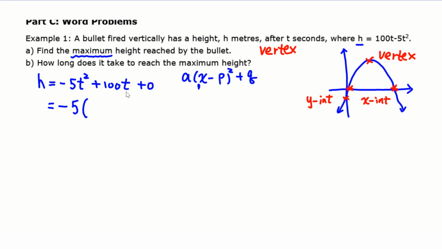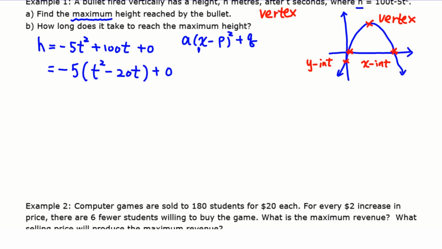So -5, we only factor the first 2 terms. Each term divided by -5, you have t squared. 100 divided by -5 gives you -20. Then +0. We don't have to write 0 there, but we copy it.